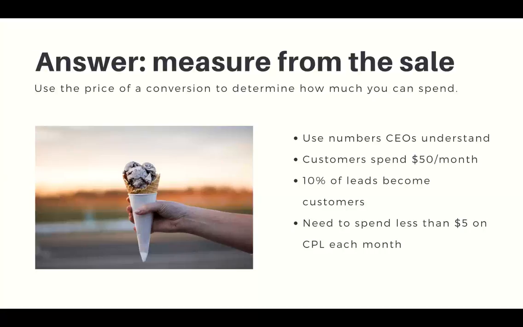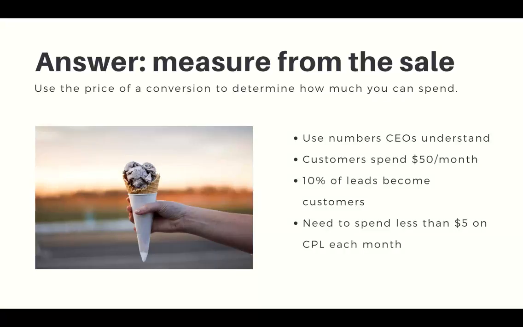So if you need to spend less than $1 per lead, and you were looking at 1% of your impressions becoming leads, you would be able to spend a penny per impression. But we said that in this, again, oversimplified example, that we need to spend less than $5 to make that up. That would be 5 cents.